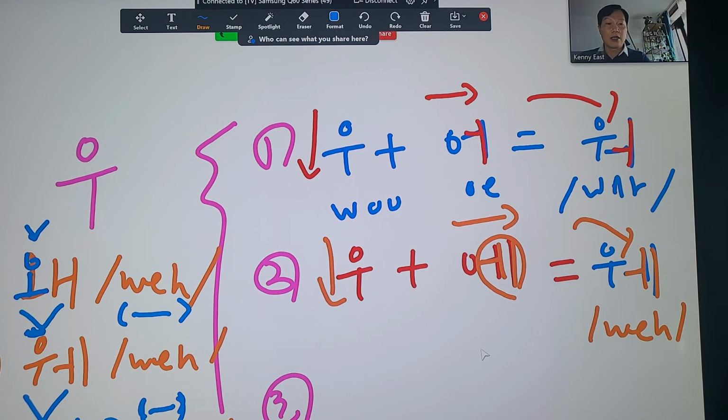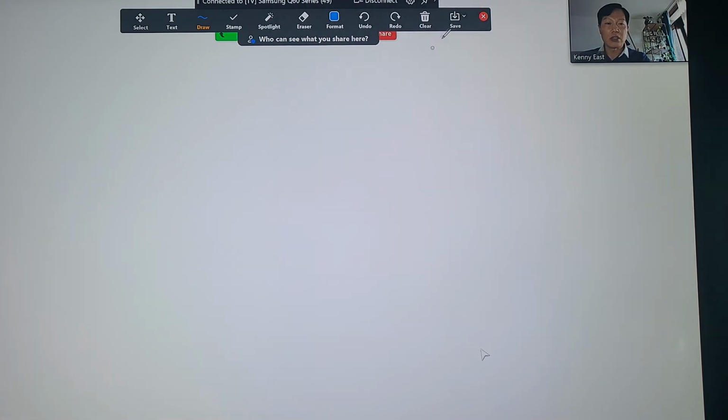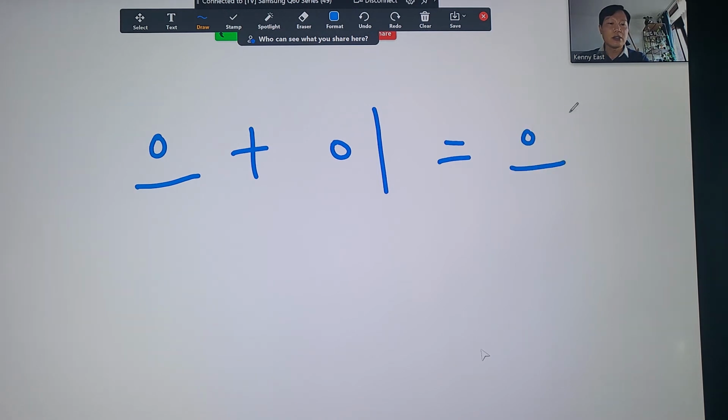Then the last combination, the 11th double vowel. Sound, sound making, right? Do you remember? One is a reference for Earth originally, right?